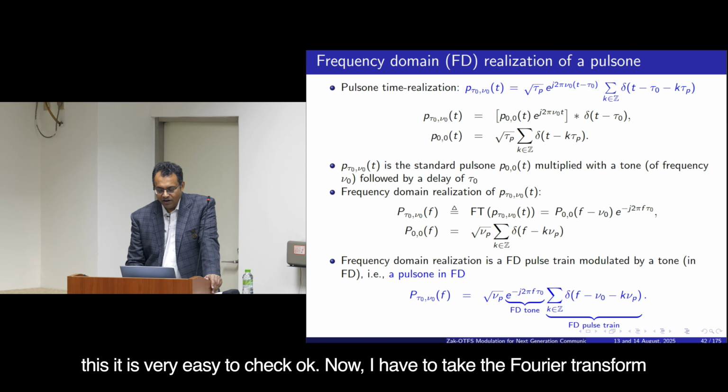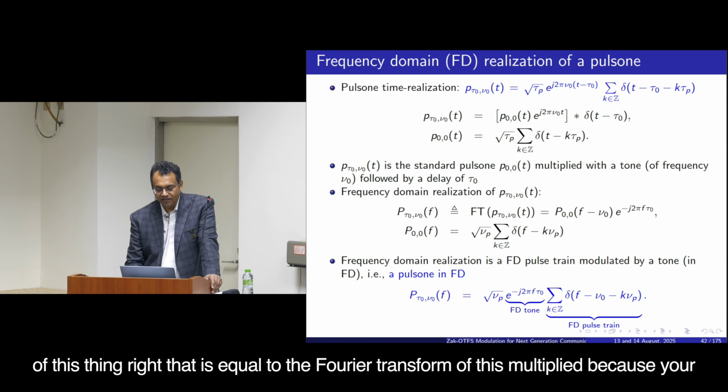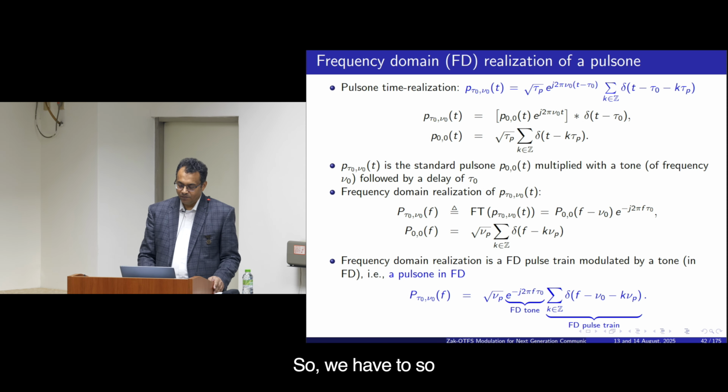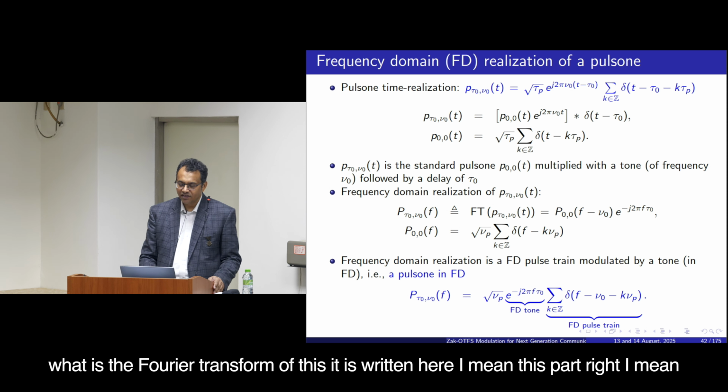Now I have to take the Fourier transform of this thing, right? That's equal to the Fourier transform of this multiplied, because linear convolution becomes multiplication in frequency. So what is the Fourier transform of this? It's written here.